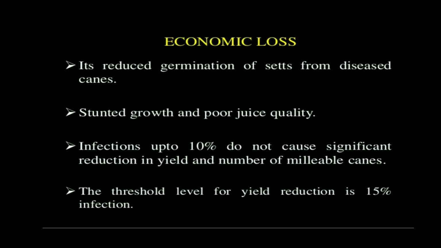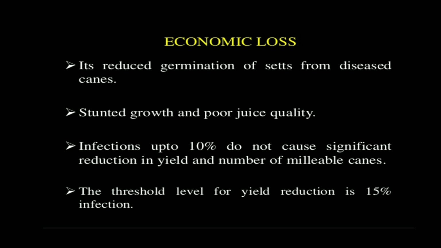It shows stunted growth and poor juice quality of sugarcane. If there is poor juice quality, then what will happen? Ultimately the crop production will be lost, and the rate that sugarcane will get will also be reduced because of this disease.